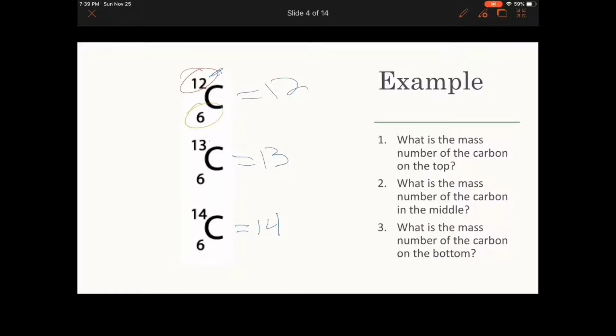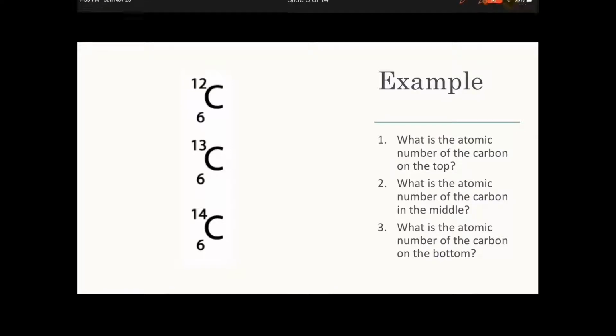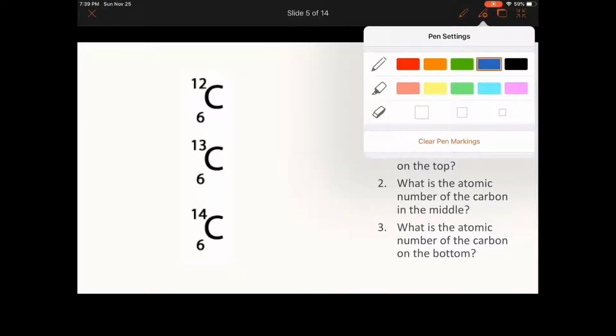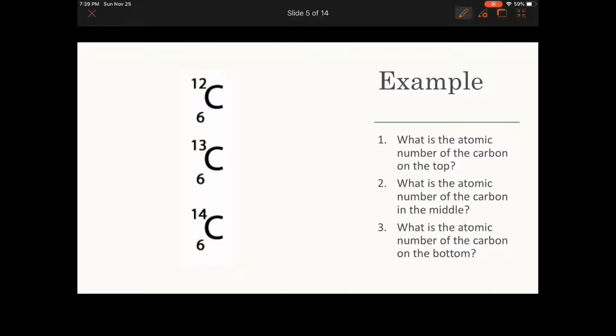All right, well, that was fairly simple, I believe. Now, let's take a look at these atomic numbers. I told you that the atomic number was the number on the bottom. So what is the atomic number for each of these? Hint, they're all the same. So, like I was talking about, the isotope is the change in neutrons.